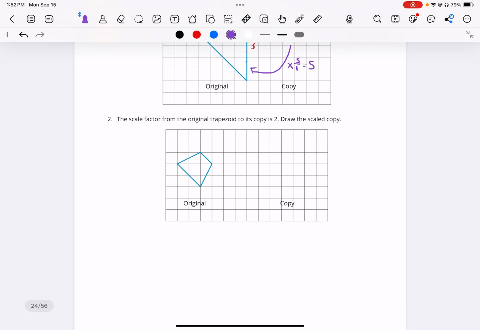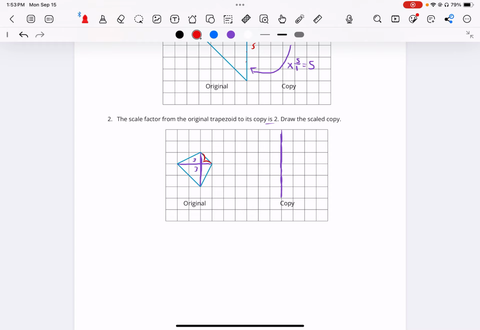Here we want to create a scale copy that is 2 times larger. So I can't measure the slanted sides, but I can measure going down, which is 3, and going across, which is also 3. So if it's a scale factor of 2, I know that means I'm going to go down 6, and now to go across, I notice that it's 1 from the side and 1 from the top.